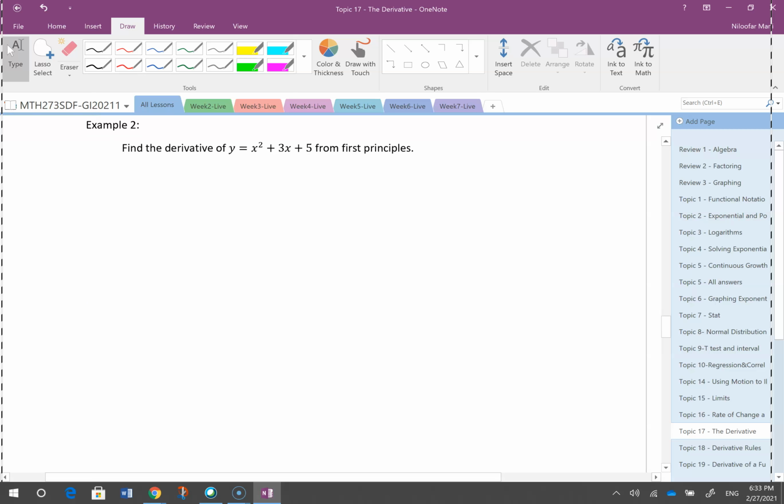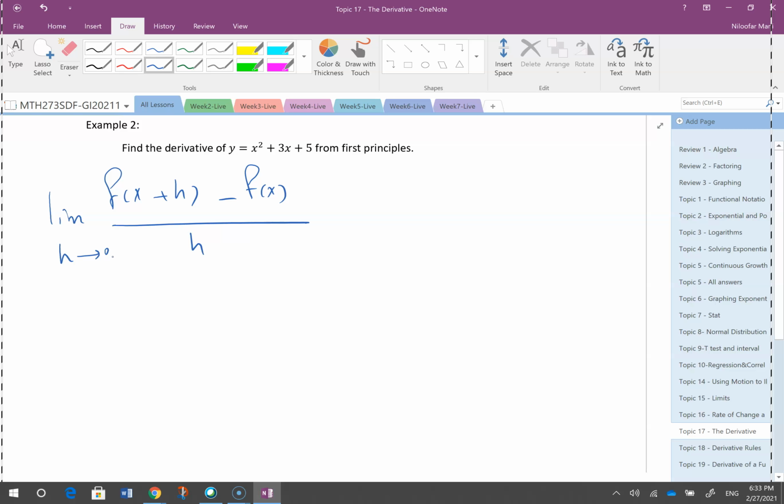How about this example? The limit of f of x plus h minus f of x, as h goes to 0. When I'm talking about a tangent line, I have a specific point because I say tangent line at this point. Here it's general, so I use x.